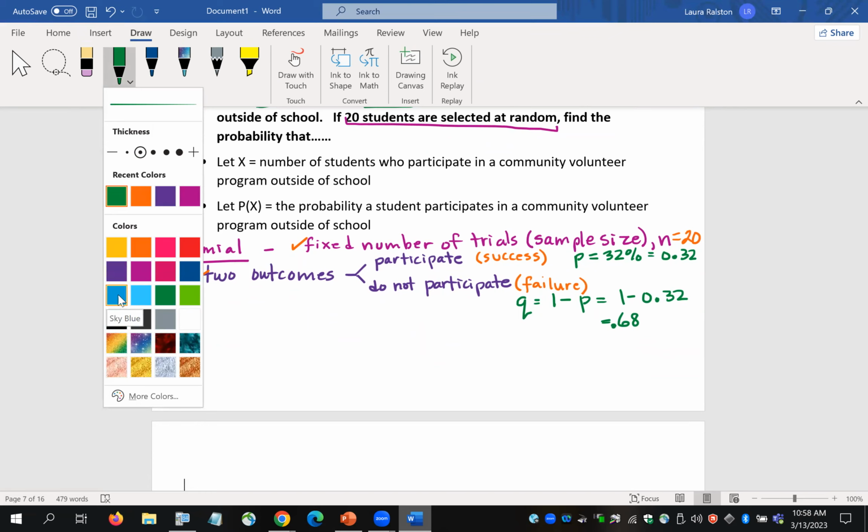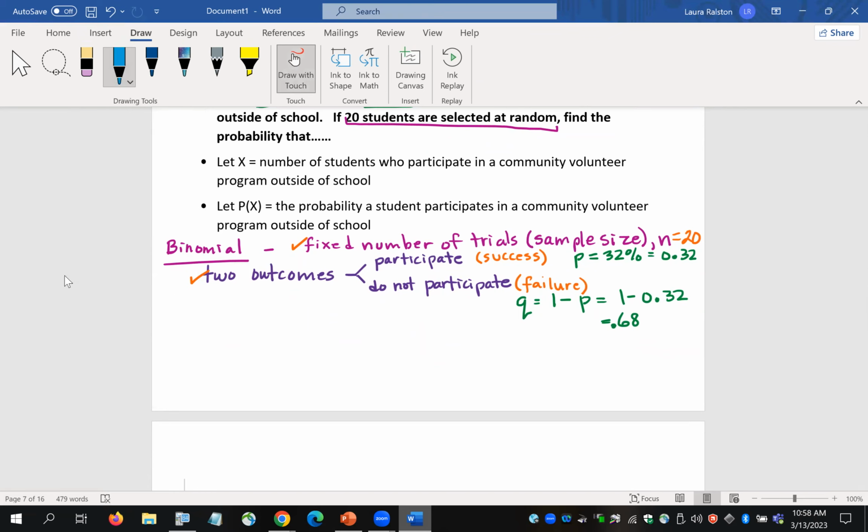The third piece is that your trials are independent. Now, again, this is when you have to think through the scenario.